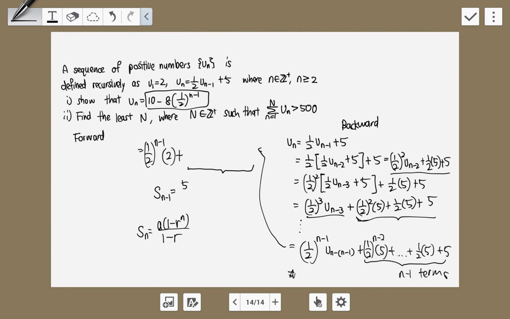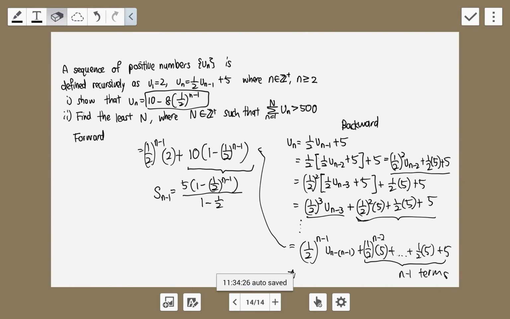So for S(n minus 1), a is still a, and the n is changed to n minus 1, the number of terms, over 1 minus r, where r is half. So 1 minus half is just half, and 5 divided by half is 5 times 2, so it's 10 times 1 minus half to the power of n minus 1. So we come to the same conclusion as just now when we used the forward method.